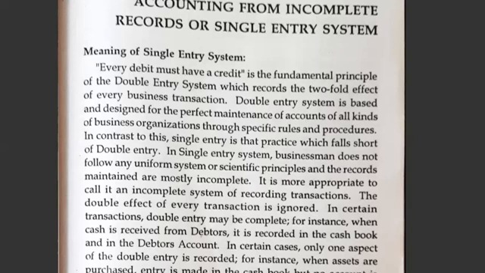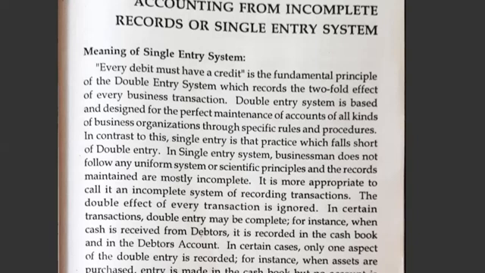Sometimes the businessman does not follow the uniform system or principles of recording and maintaining, so it becomes an incomplete system. Suppose furniture purchased is recorded in the cash book, but it is not recorded in the furniture account, so it is called incomplete records.